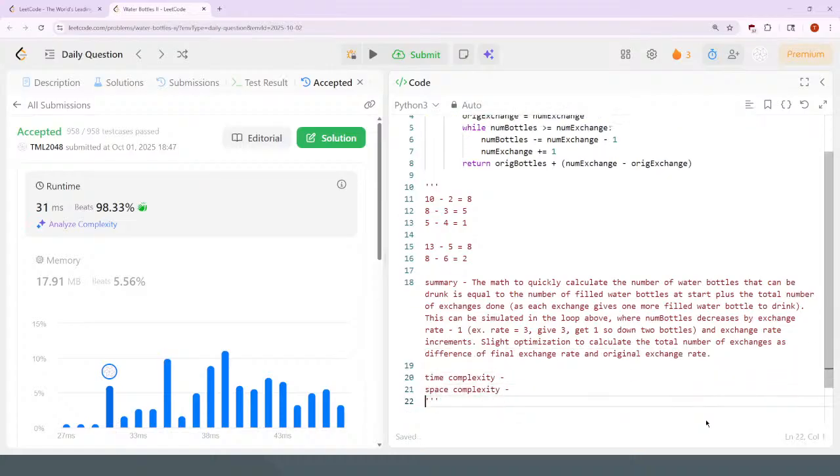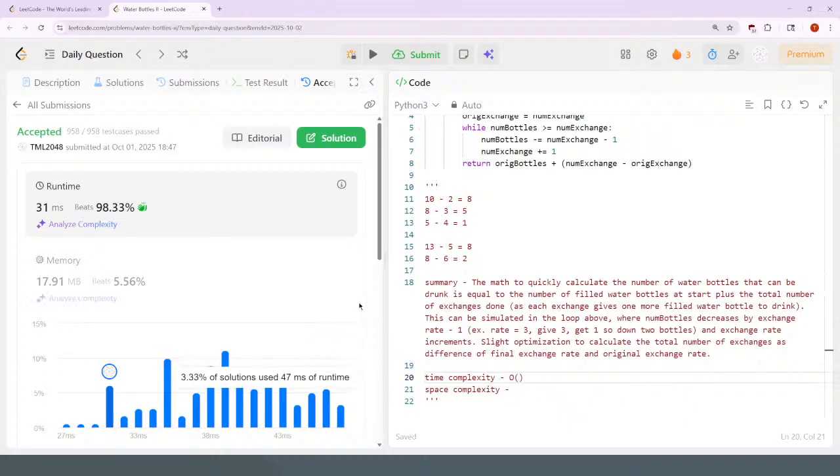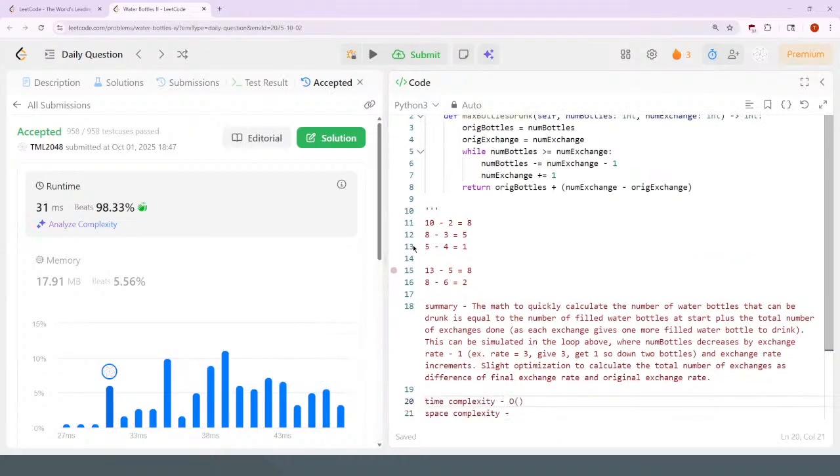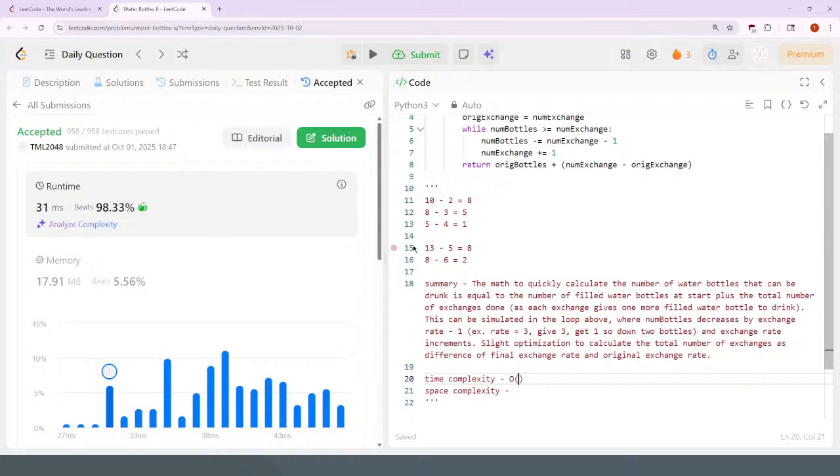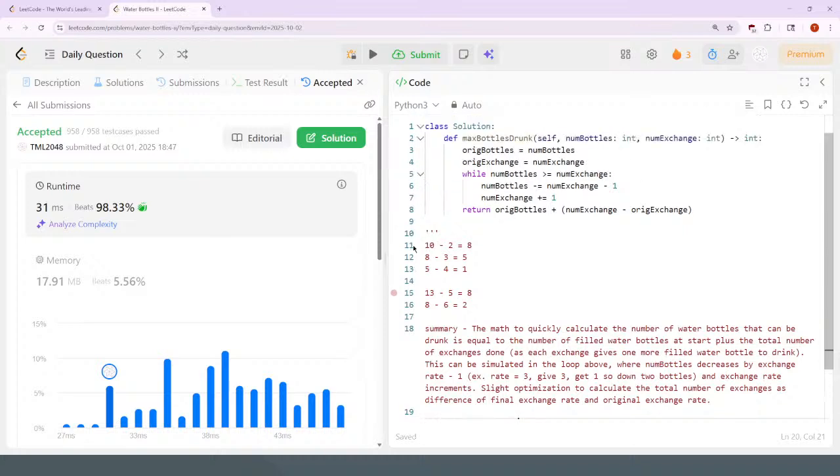Okay. Time complexity, this can be O of, this is O. Yesterday I said it was O log of n, but maybe it's wrong.